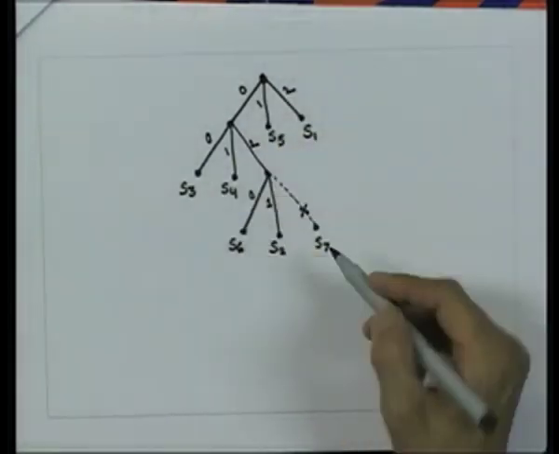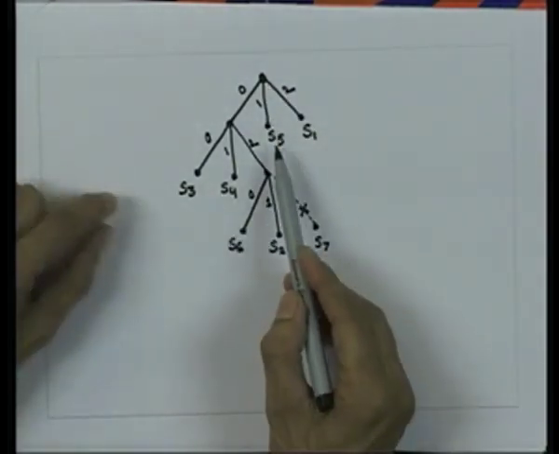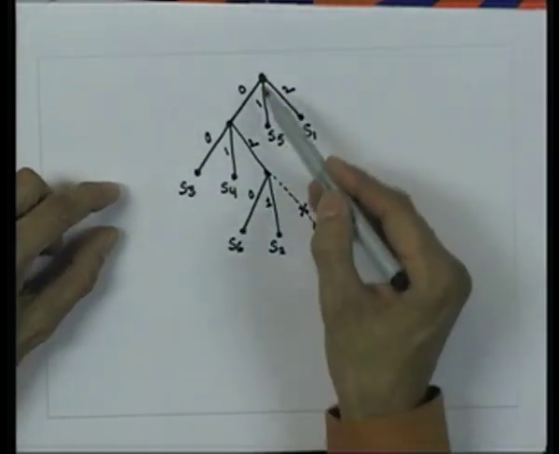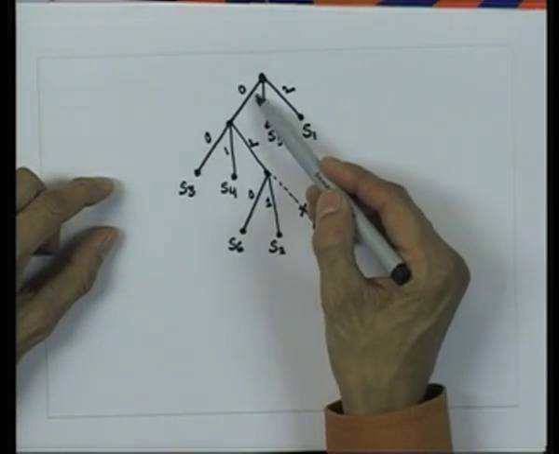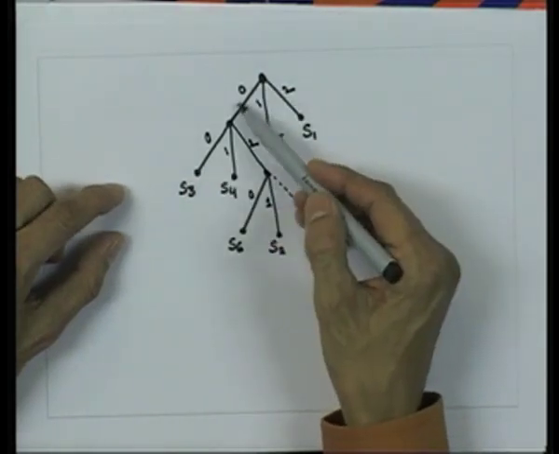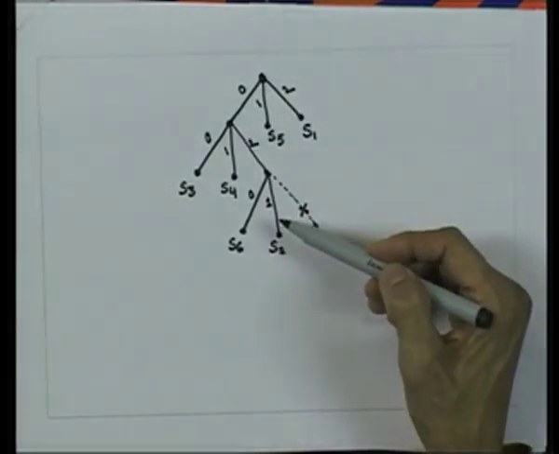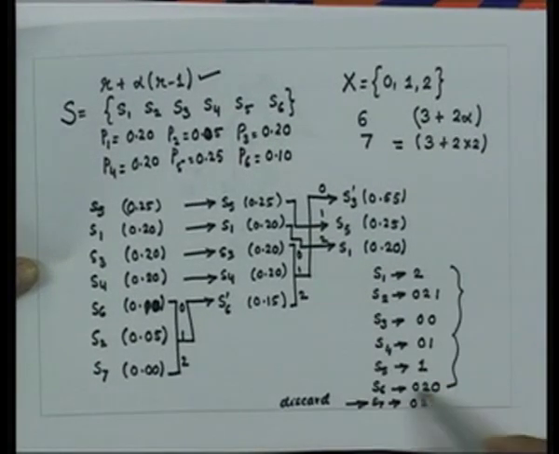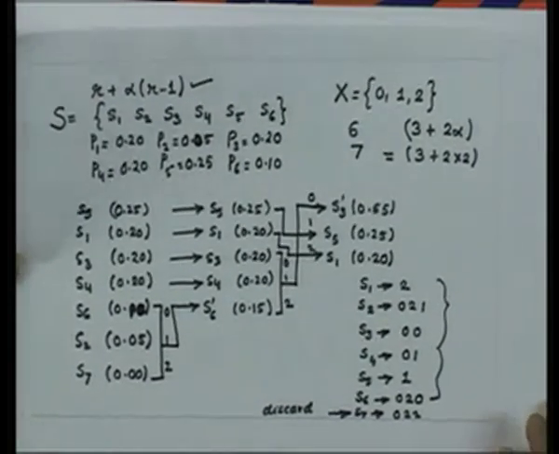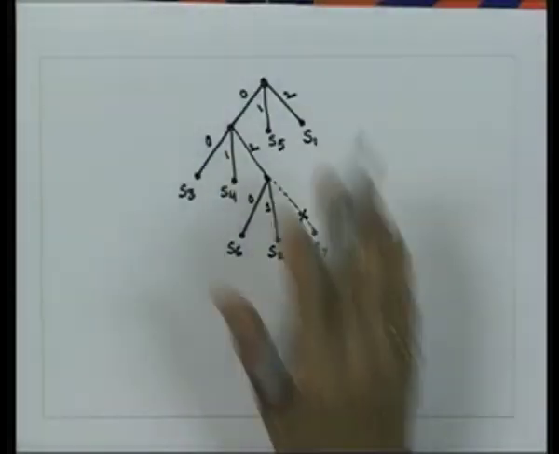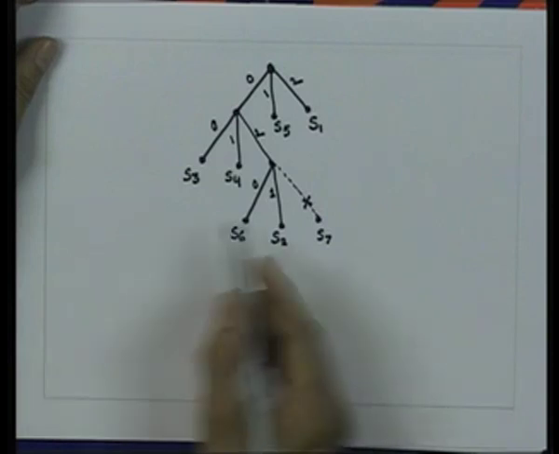So once we have the tree, we can also obtain the code words for these symbols by traversing from the root node to the leaf. So S3 would be 0 0, and S2 would be 0 2 1, which is the same as what we have got here. Now we can calculate the average length for this code.